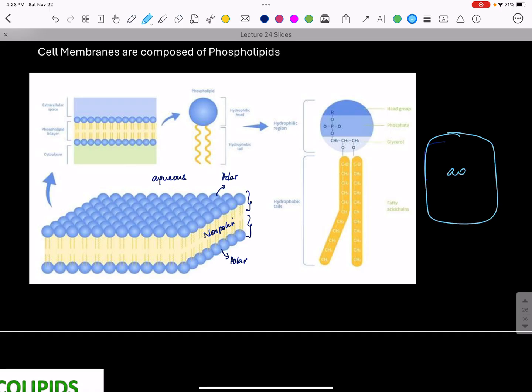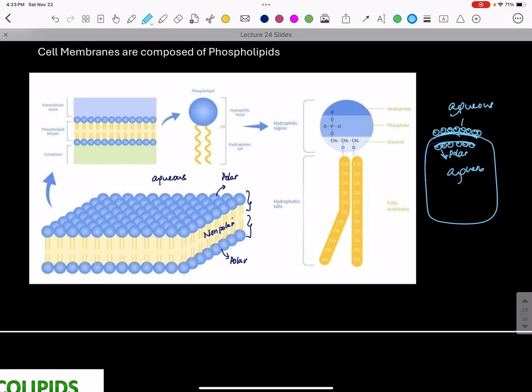It's all water-based. So whenever you have these membrane barriers, you want to make sure whatever is facing the aqueous part should be polar because it should be compatible with the water layer. It's the same thing here. The polar heads will be facing outside because this is also aqueous and that is more compatible.